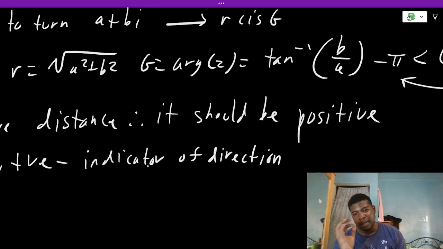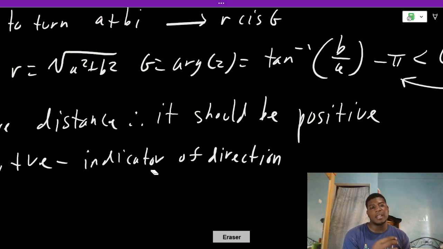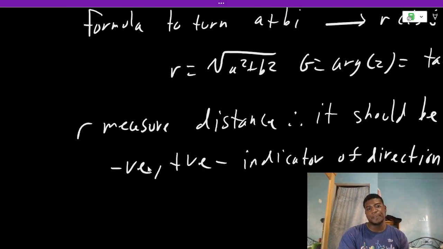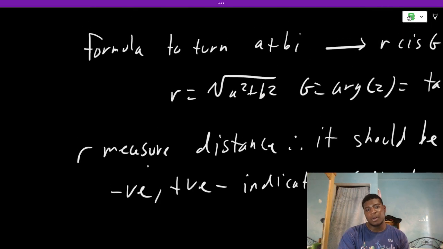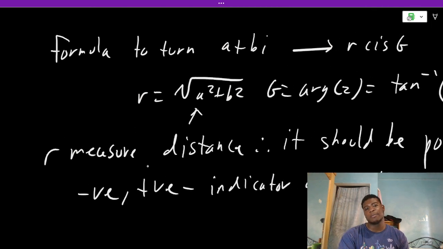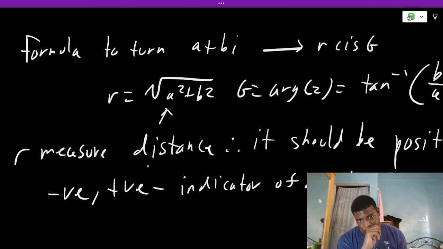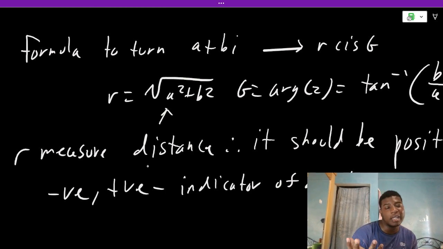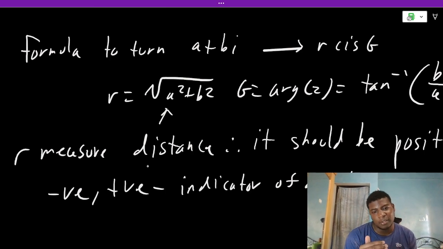And distance has no direction, so it should be positive, since this is a scalar quantity. The formula also ensures that it's positive with a squared plus b squared, because squaring any number, negative or positive, makes it positive. Right?